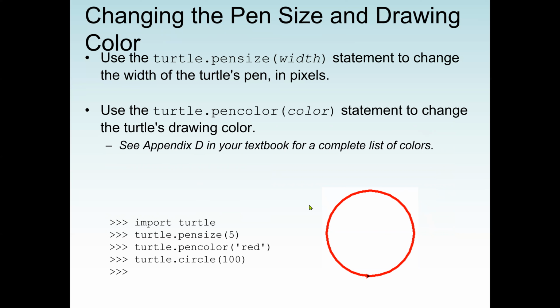We change the pen size to 5 to make it a little bit thicker. Then we change the pen color to red before we draw the circle. So the two things we are doing here are changing the thickness of the line, which is the pen size, and also making the pen red. Then we draw whatever image we want. In this case, we want a circle.